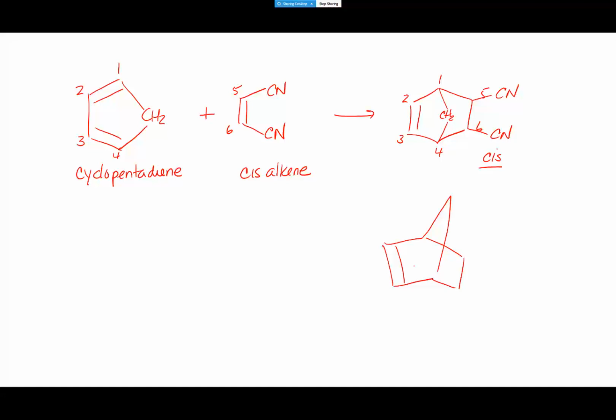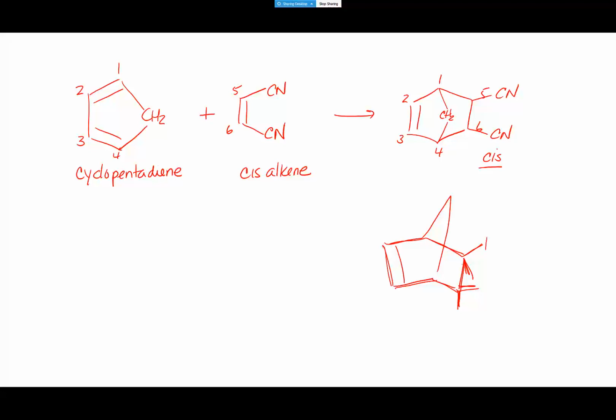So that's two 5-membered rings fused together. So it turns out that the two positions over here, this is basically a boat conformation. This is a boat conformation of a cyclohexane ring.